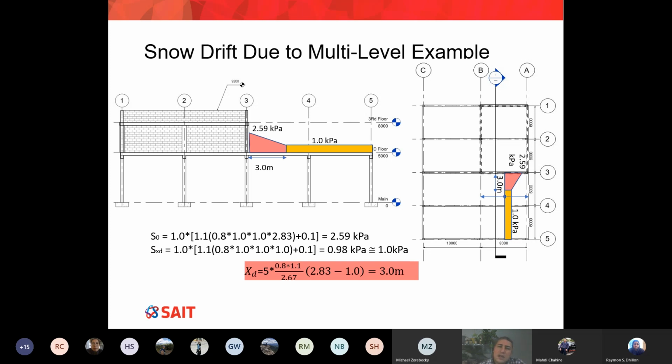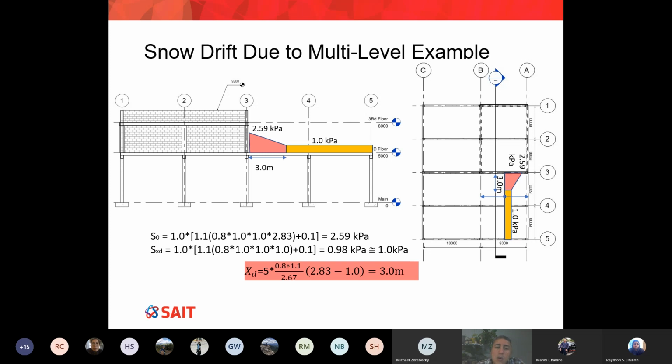Okay, now, a complete example by numbers for the snowdrift, and I need to remind you, you can see after all this pain and all those numbers, I'm able to find the snow diagram only on the lower roof. If you want to find the snow drift on the higher roof, then it is not the same, because on the upper roof, there is a uniform load for sure away from the parapet, but as you go close to the parapet from every side, then there will be a snow accumulation.